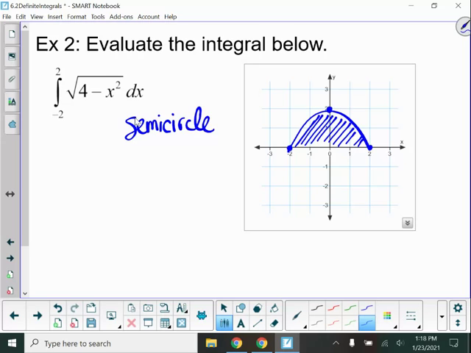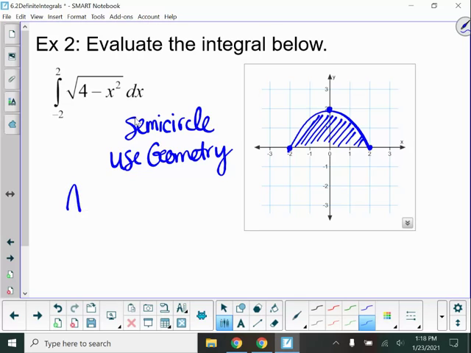So this is not necessarily a problem where you would want to use the standard anti-differentiation techniques. In this case, we want to use geometry to figure out what the area beneath the curve is.